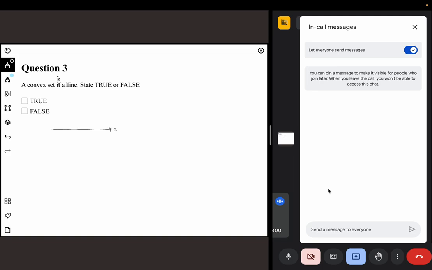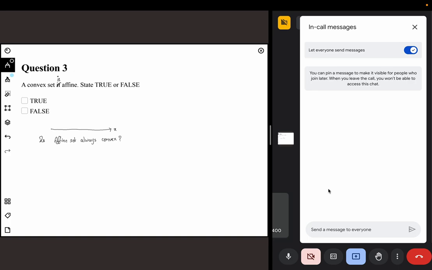Or let me put it another way: I have a set which is affine. If a set is affine, can it always be convex?